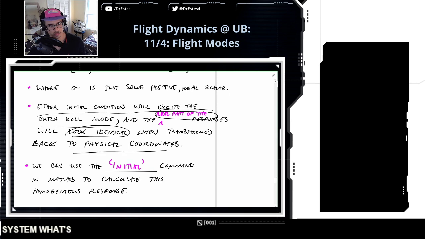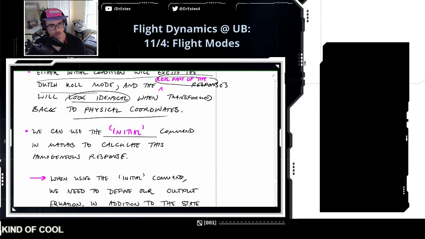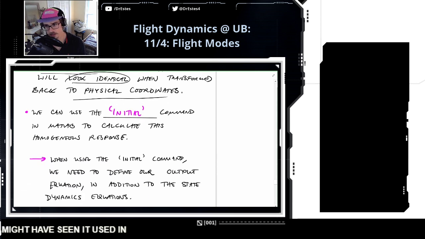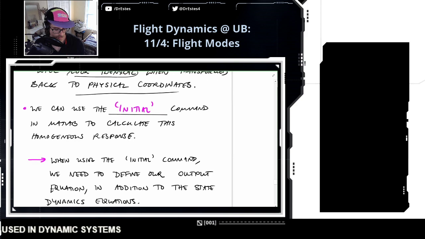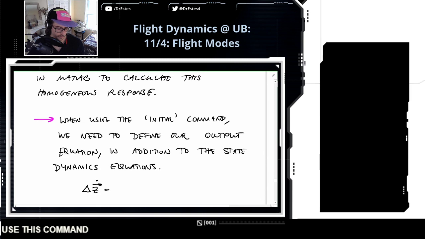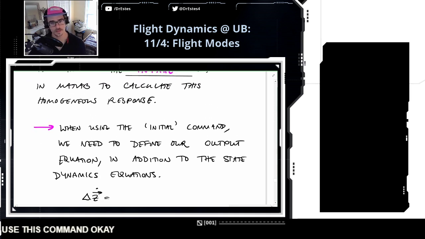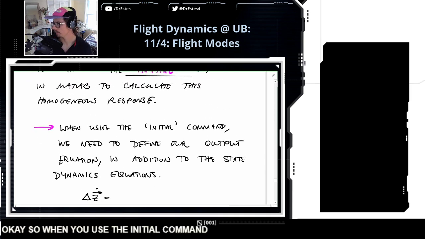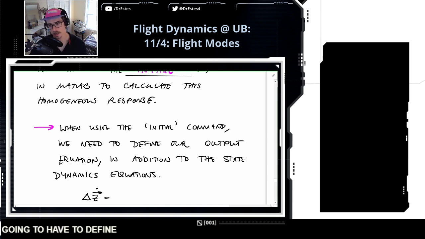So it's kind of cool. You might have seen it used in dynamic systems. I know Dr. Mook likes to use this command. When you use the initial command, you're going to have to define a state space object in MATLAB.